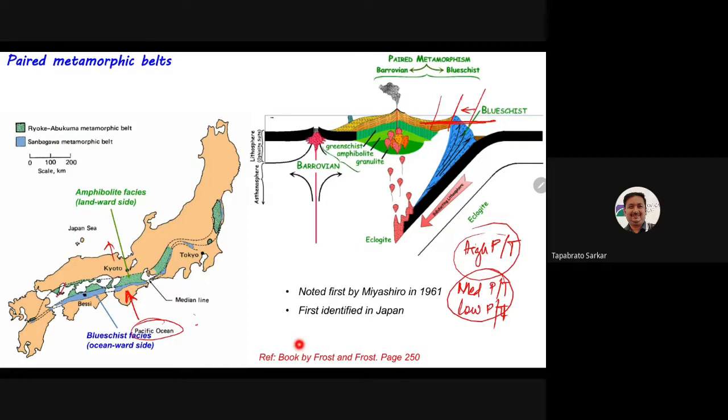And we do see this paired metamorphic belt, so the active subduction is taking place. But in many places in the ancient rock record, we no longer see the subduction, but we see the paired metamorphic belt, which indicates that it was a convergent plate boundary at one point of time in the geologic past.